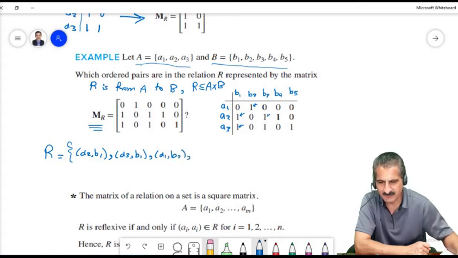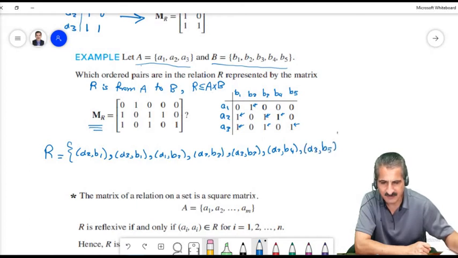And this one here is A2, B3. And this one here is A3, B3. And this one here is A2, B4. And finally, this one here is A3, B5. Okay, so this is the relation.